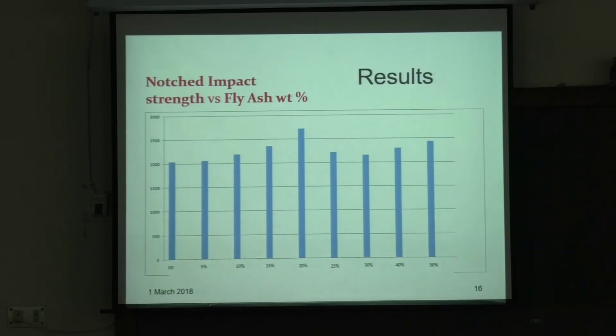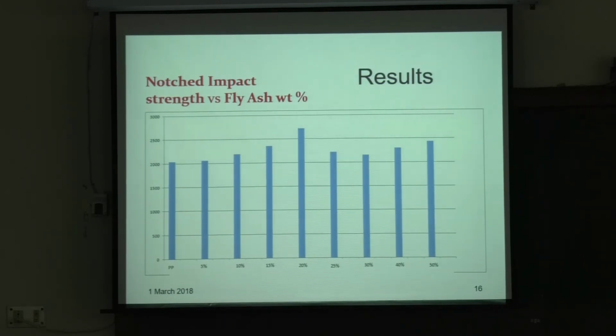But one good thing, none of the fly ash composites shows any more brittleness than the polypropylene. Can you see that? Even if you go up to 20%, sometimes people think that a ceramic can make a polymer more brittle, but it didn't happen.